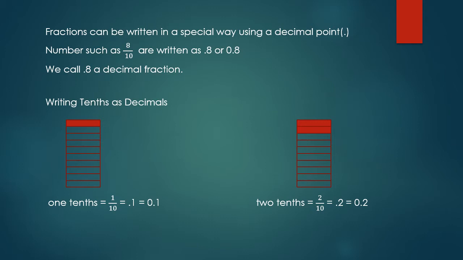So in fractional form, we write it as 1 upon 10, which is said 1/10. 1/10 is written as 0.1. 1/10 is equal to 1 upon 10, which is equal to 0.1.